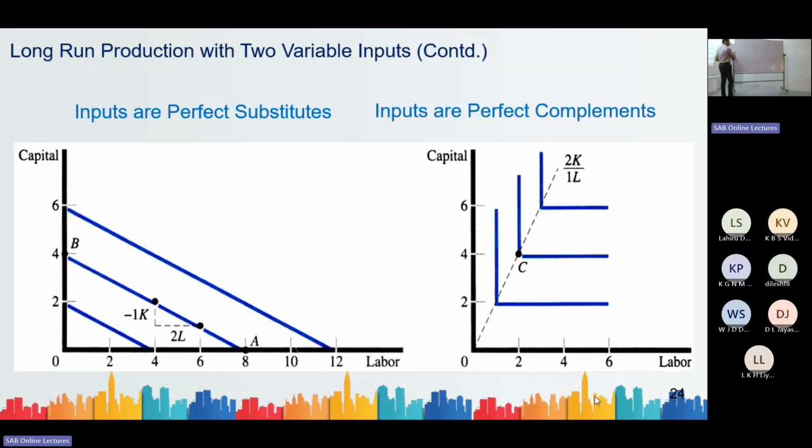So what happens to the nature of the isoquant when the two inputs are perfect substitutes? When the two inputs are perfect substitutes, how does the isoquant curve behave?